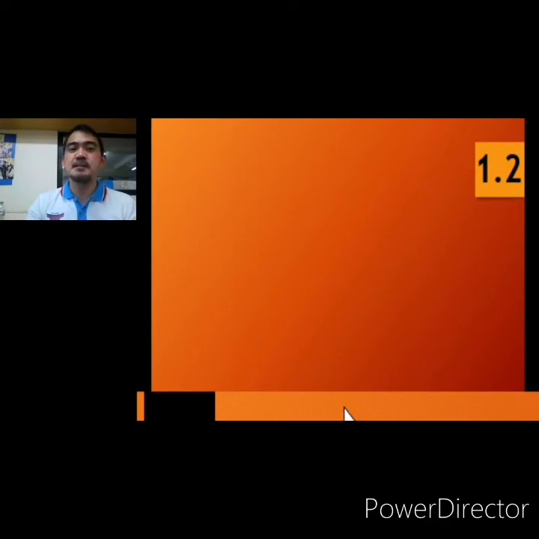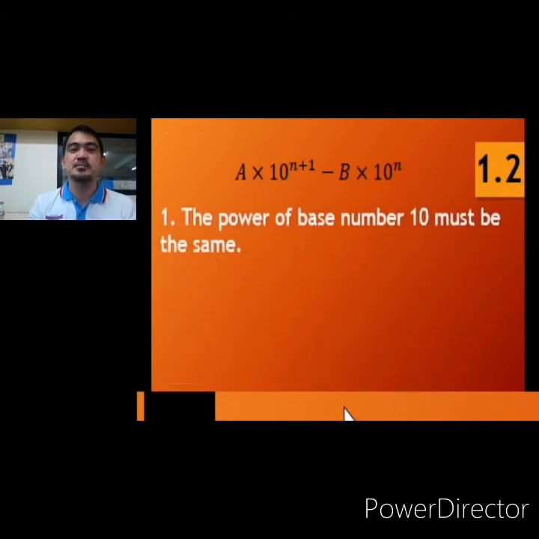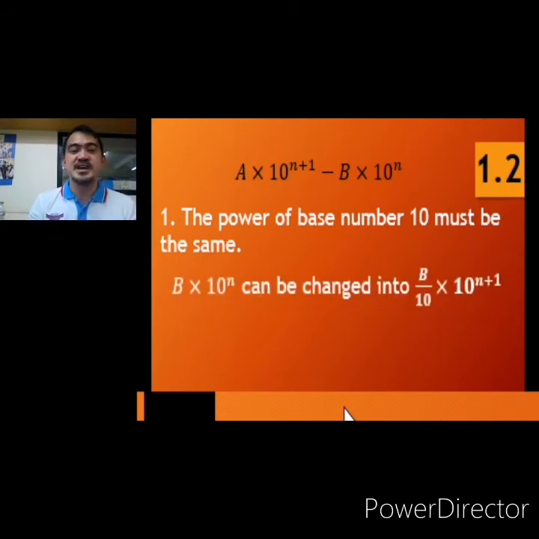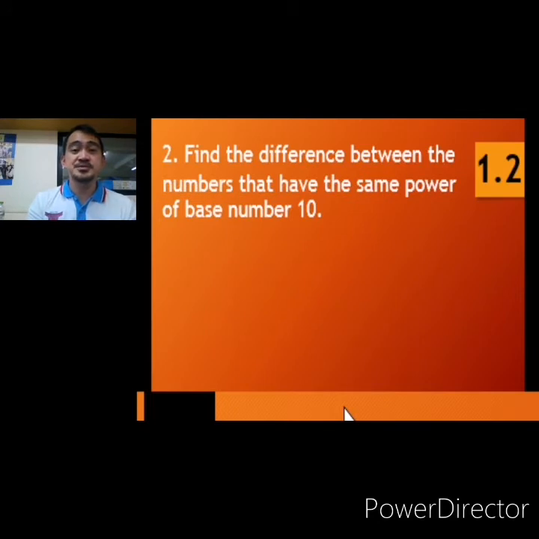Steps to subtract numbers in exponential notation that have different powers of base 10, such as a times 10 raised to n plus 1 minus b times 10 raised to n. Step 1. The power of base number 10 must be the same. B times 10 raised to n can be changed into b over 10 times 10 raised to the power of n plus 1. Step number 2.